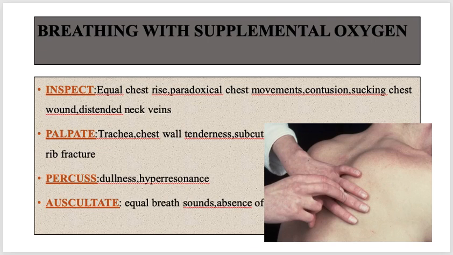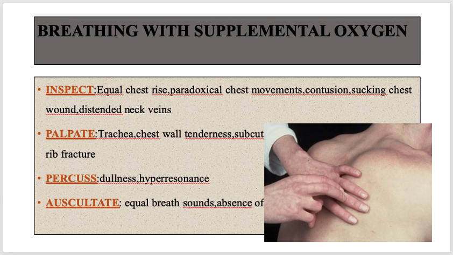Again, you have done the respiratory examination, you know what inspection, palpation, percussion, and auscultation are in the respiratory system. Of course, in an emergency we don't do all these things. Rather, we just see the movement of the chest, whether it is bilaterally moving and symmetrical or not.